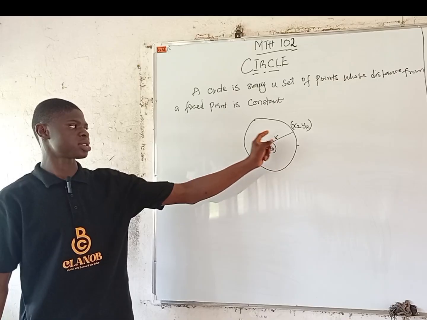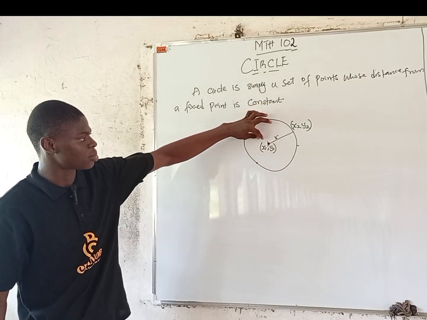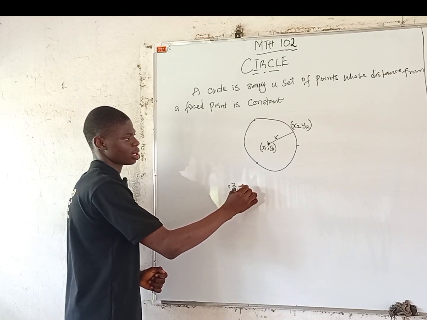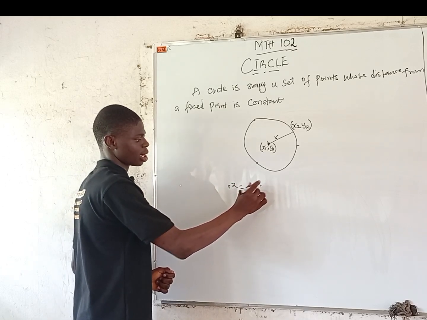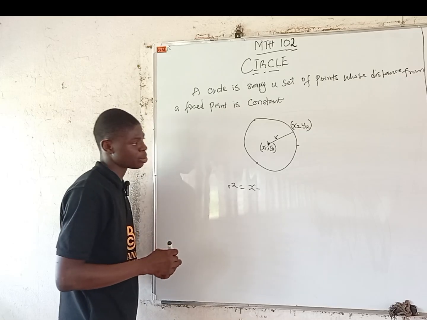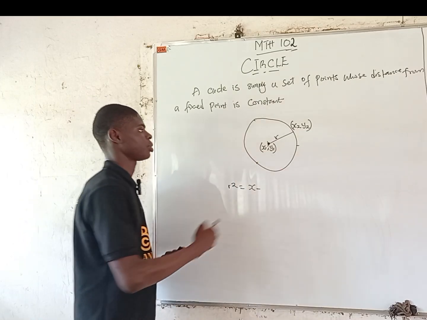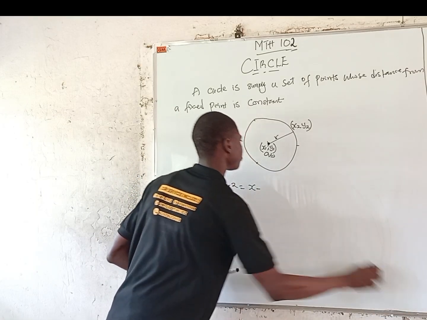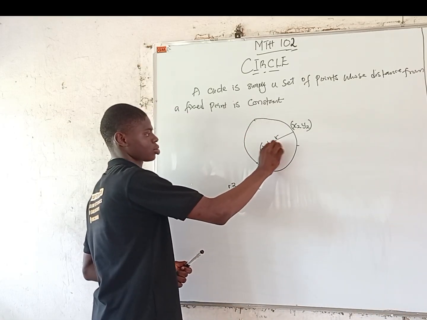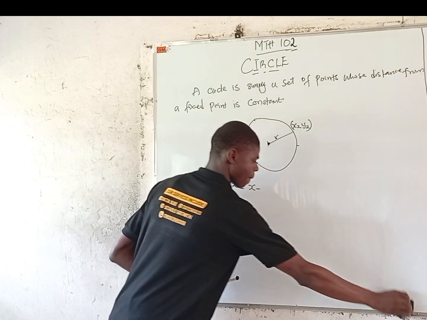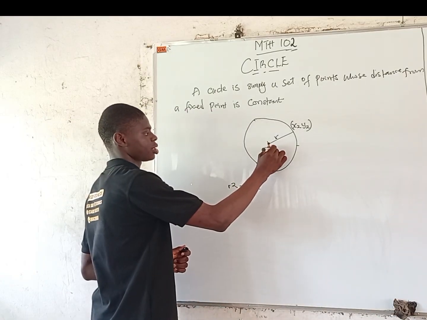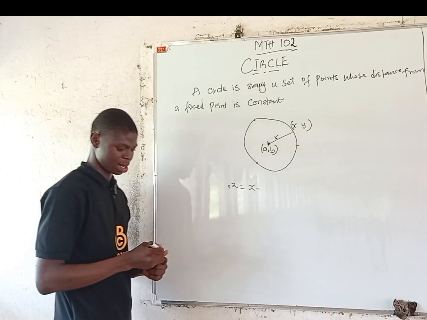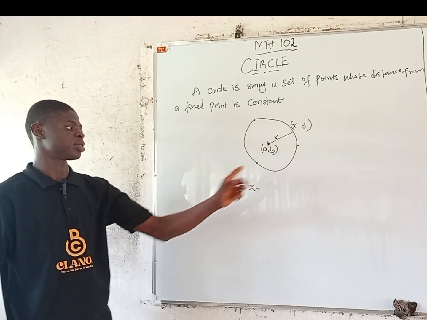The formula to get the radius, the distance from this center to the circumference, becomes r squared equals, let's represent our center to be A comma B, and let x comma y represent any point around the circumference.